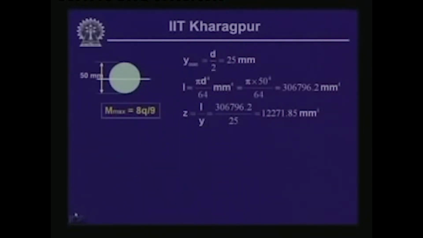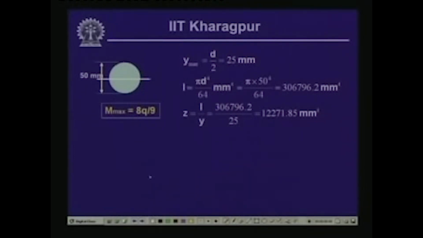Now, if we look into this particular configuration, the cross section of the beam is a circular one, and the neutral axis lies at the centroid of the cross section, which divides the section in two halves, and thereby the maximum distance y is equal to d by 2, which is equal to 25 millimeter, and the moment of inertia of the cross section with respect to the neutral axis is equal to pi d^4 by 64, where d is 50, and this is the value of the moment of inertia that we get. And we have the information that maximum bending moment is 8Q by 9, which is occurring at a distance of 5 by 3 from the left support.